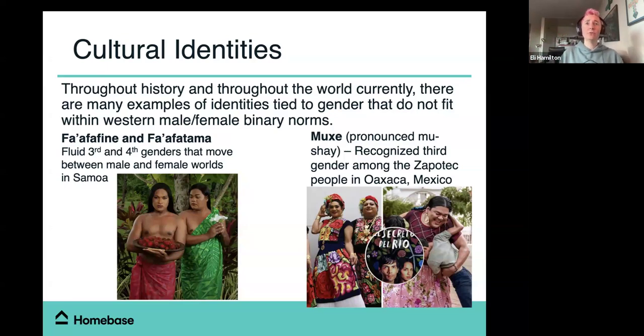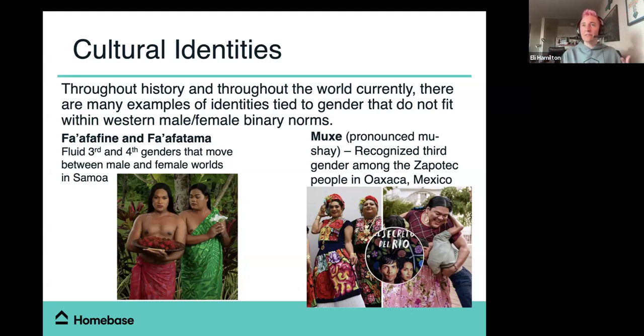But a lot of human cultures didn't end up there with a binary understanding. We're going to highlight two examples, but there are some great resources out there with extensive lists of the many interesting ways that human cultures have understood gender identity. So we're going to highlight just a couple, Fa'afafine and Fafatama. These are Samoan understandings of genders that move between female and male, or man and woman.